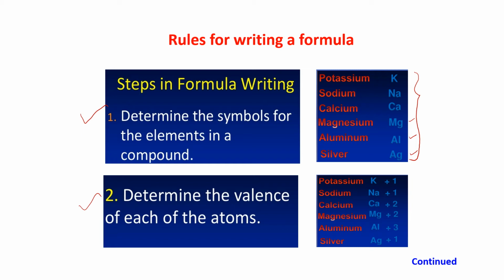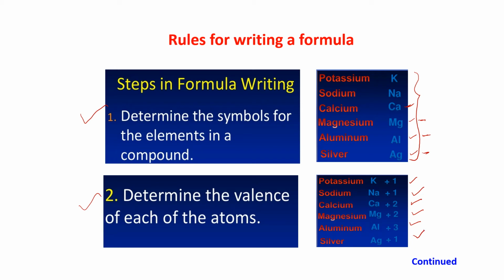See here, potassium is +1 valency, sodium is +1 valency. Calcium is having +2 valency. Magnesium is having +2 valency. Aluminium is having +3 valency. Then silver is having +1 valency.